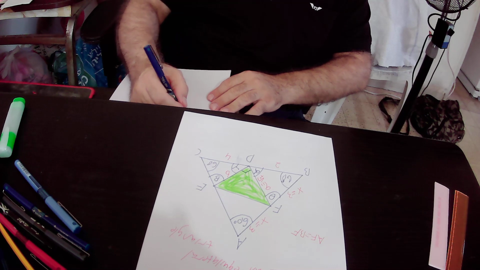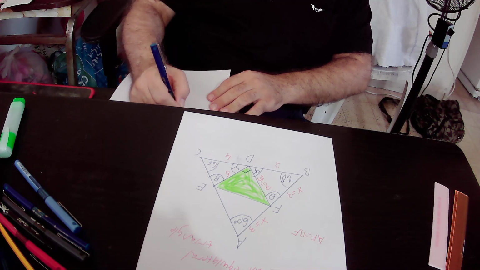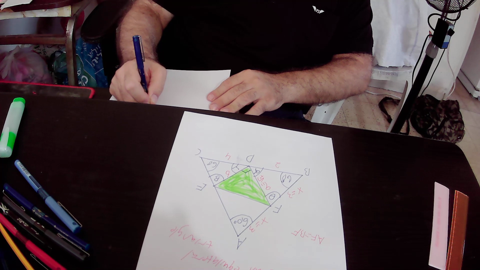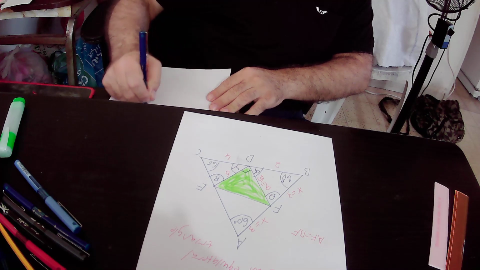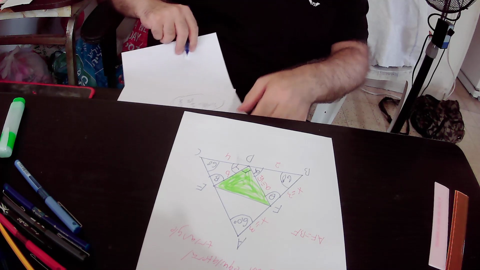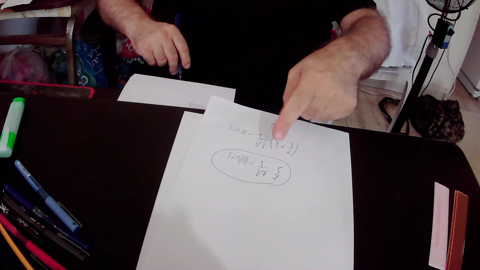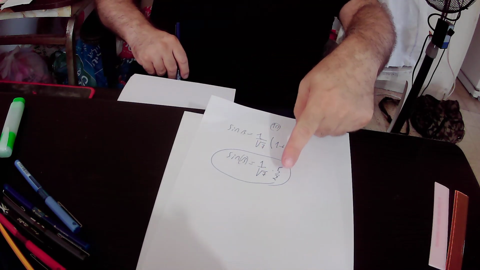We got that sine beta equals 1 over root of 7 times 5 over 2. We found out that the value of sine beta is 1 over root of 7 times 5 over 2.